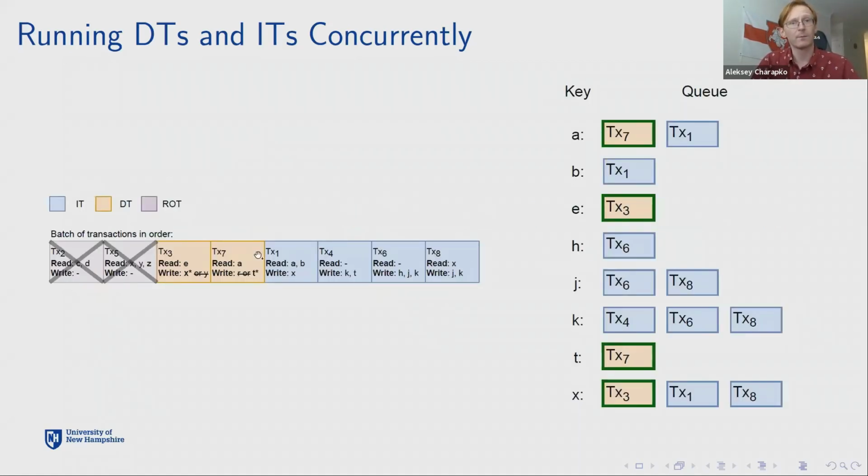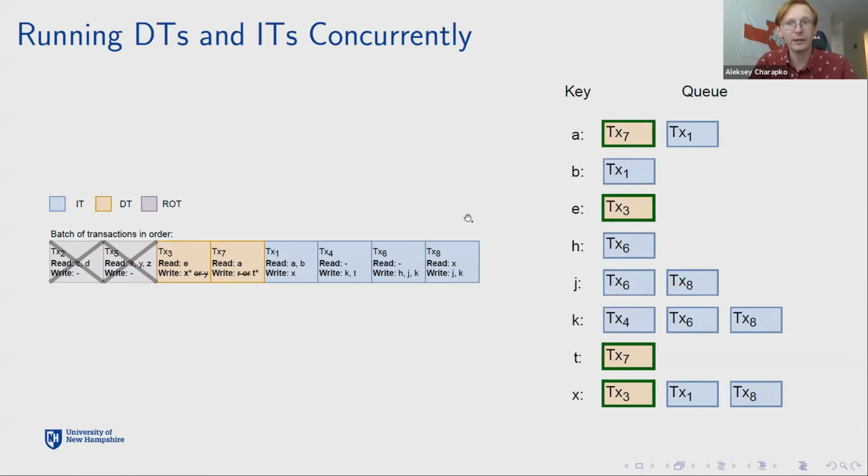Right, so if we go back to this example that I had, we have already handled the read-only transactions. We have dependent transactions and independent transactions, and we can construct this log table, and for each key, we have a queue of transactions. So key A first appears in transaction 7, so we put transaction 7 in the first position in this queue.